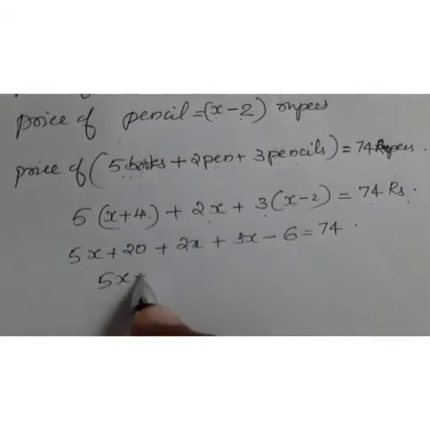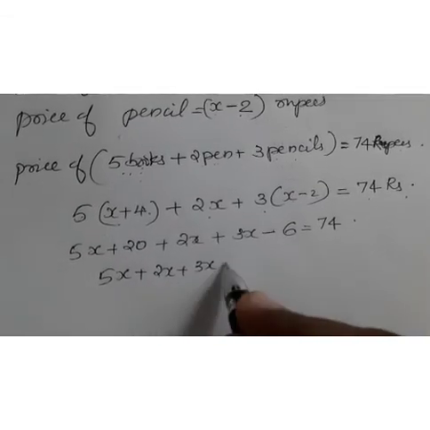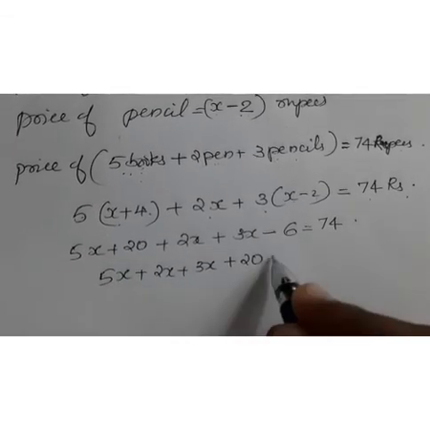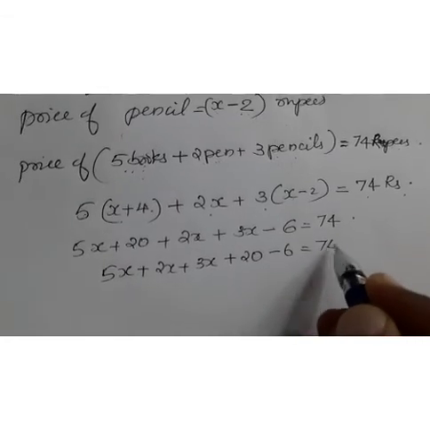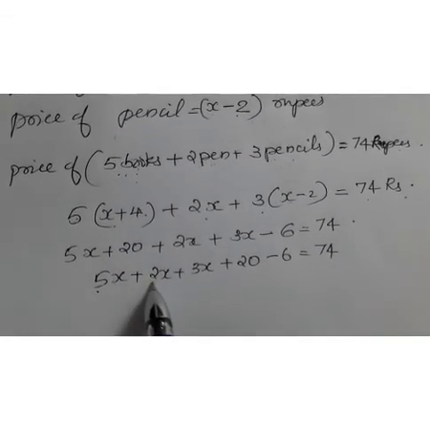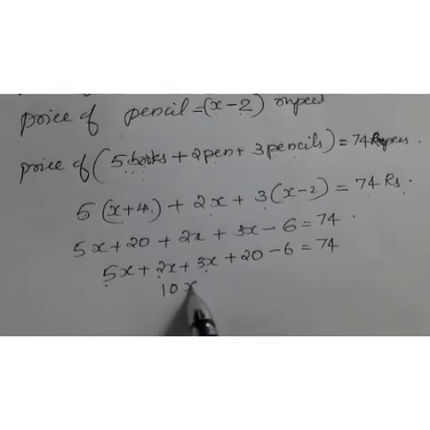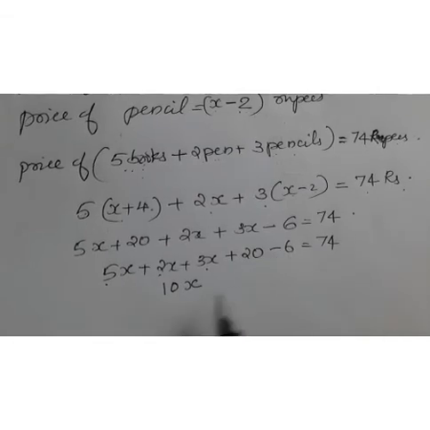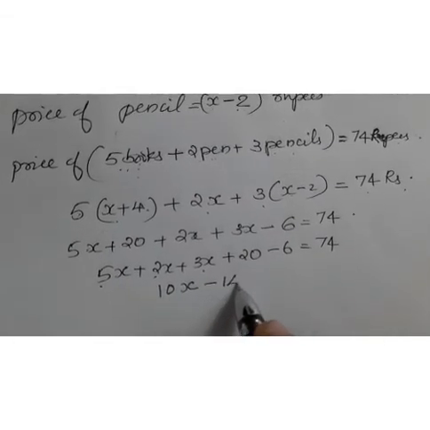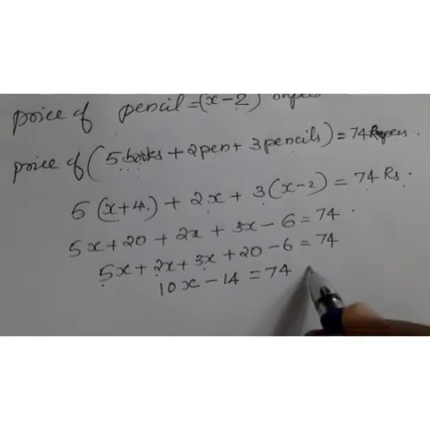So 5x plus 2x plus 3x plus 20 minus 6 is equal to 74. 5x plus 2x is 7x. 7x plus 3x is 10x. Then 20 minus 6 is 14, is equal to 74.